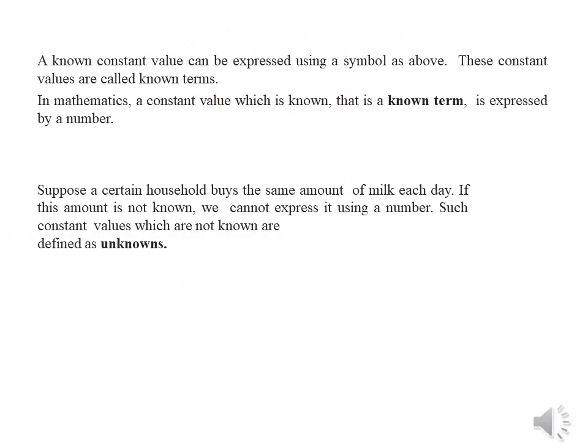A known constant value can be expressed using a symbol as above. These constant values are called known terms. In mathematics, a constant value which is known, that is a known term, is expressed by a number.